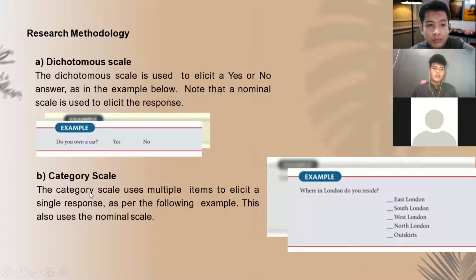And the second is the category scale. The category scale uses multiple items to elicit a single response, as in the following example. This also uses the nominal scale. So this is the example, the question and the answer.